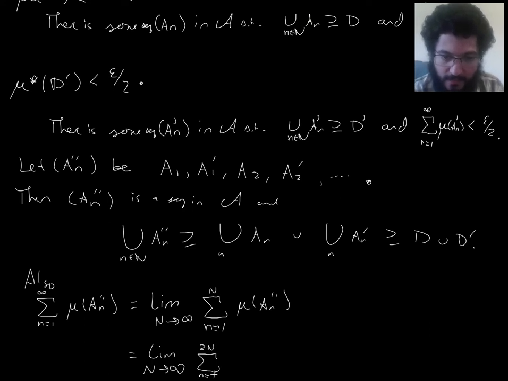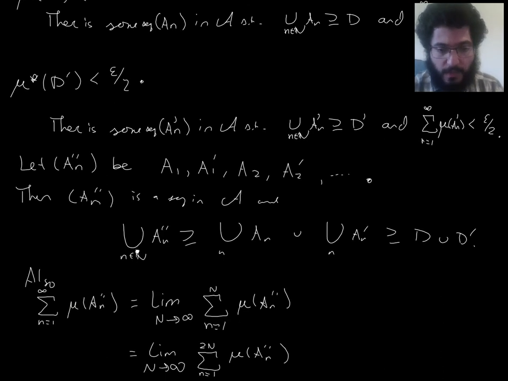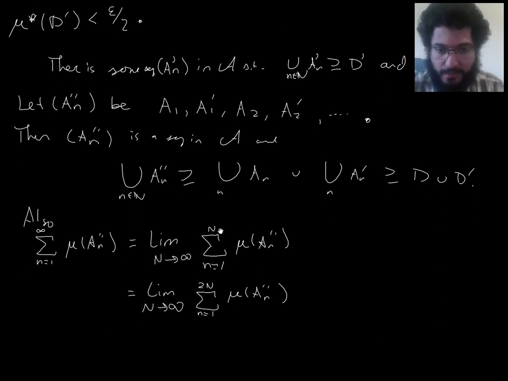So I'm going to take the limit from 1 to 2 capital N to make things easier to write. And I can always take a subsequence here and focus on a subsequence instead. That's not always true for arbitrary sequences, but for a sequence of partial sums of a series whose terms are non-negative, this works.